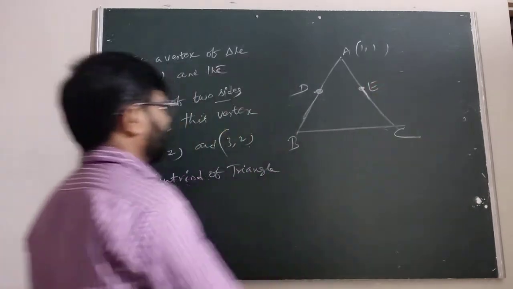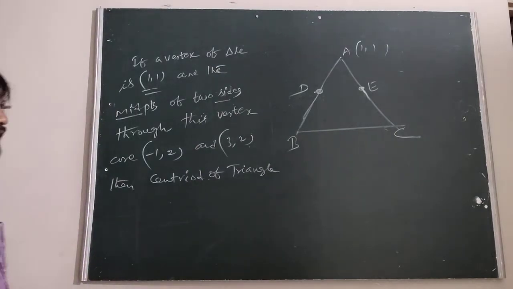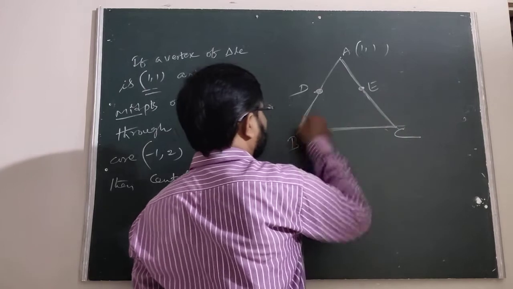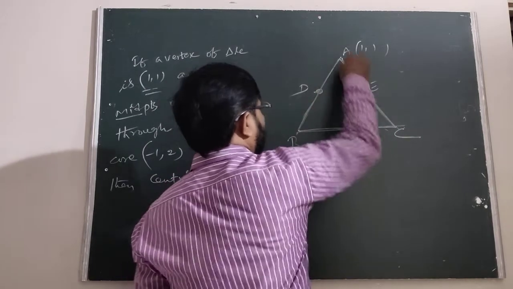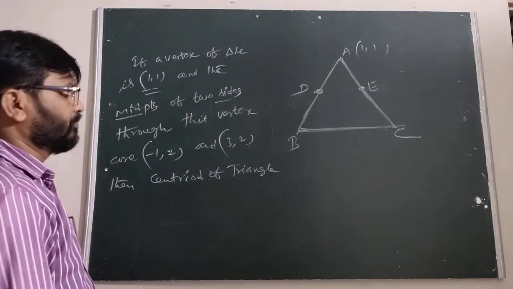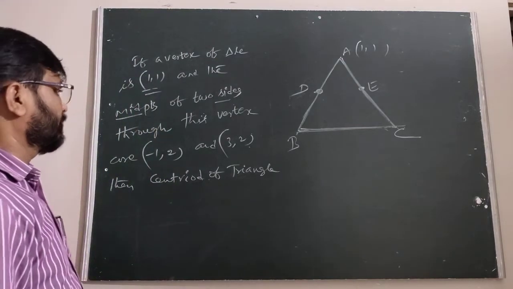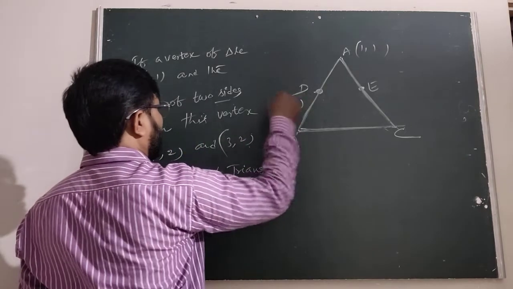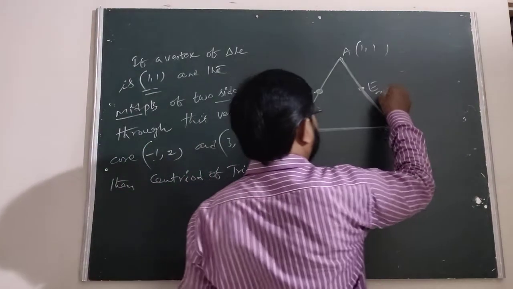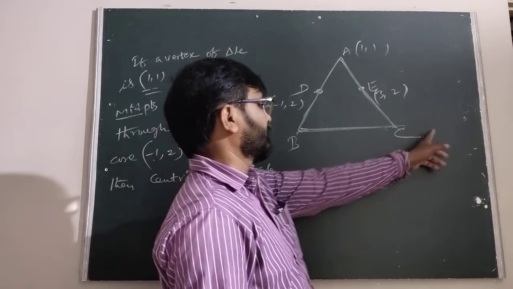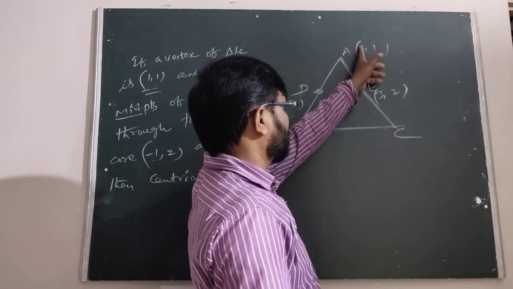Therefore, listen here. The vertex of the triangle is (1, 1). D and E are the midpoints of the sides. How to find D? Observe, the midpoint is given: one of them is minus 1, 2 and the other is 3, 2. Taking x, 1, the midpoint is (x plus 1) by 2.